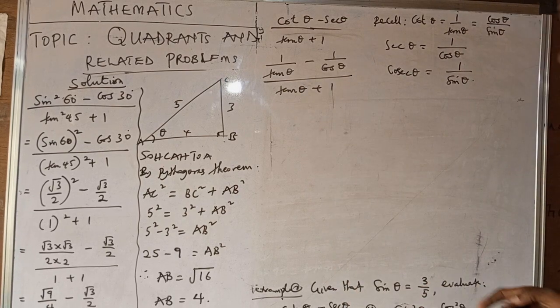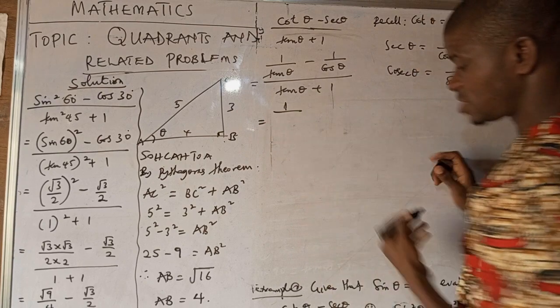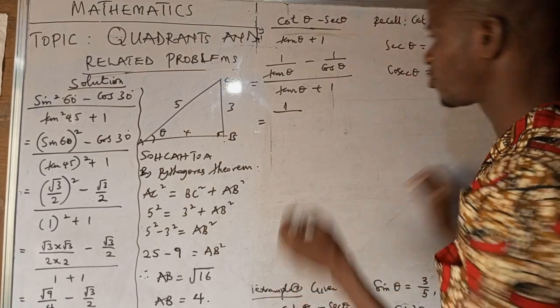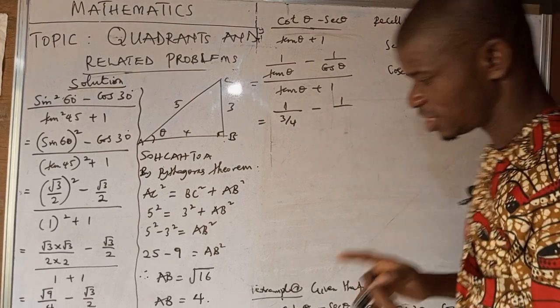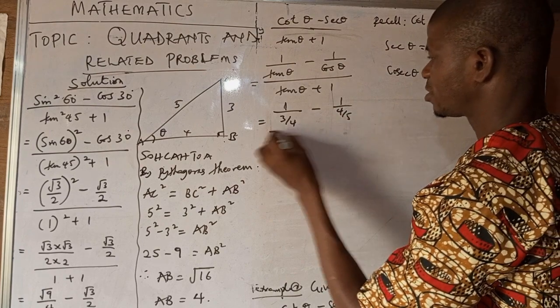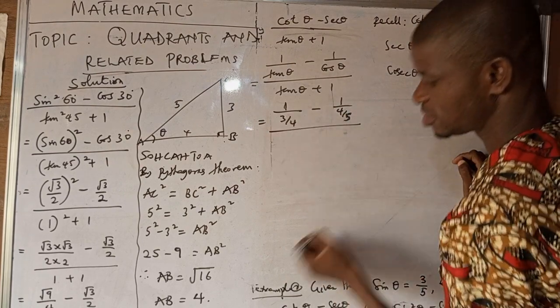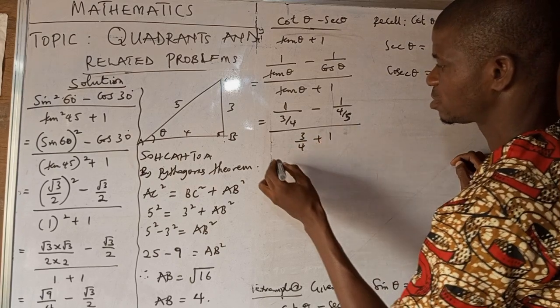So we can now substitute. Tan theta is 3 over 4, so 1 over 3 over 4, minus 1 over cos theta, which is 1 over 4 over 5, divided by tan theta again, 3 over 4, plus 1.